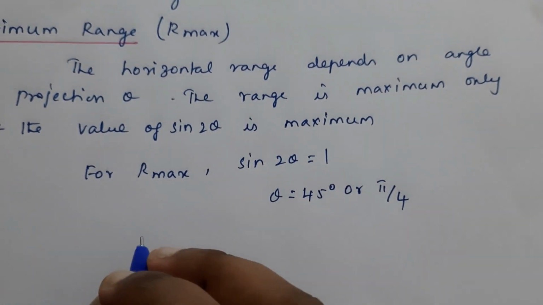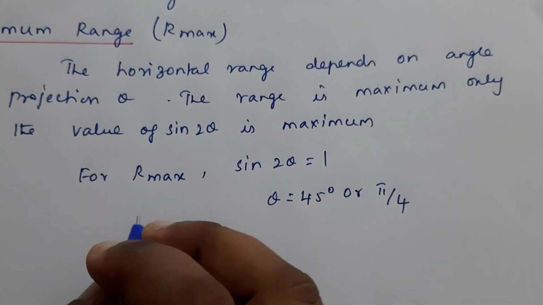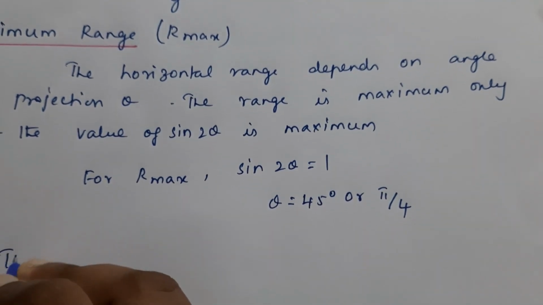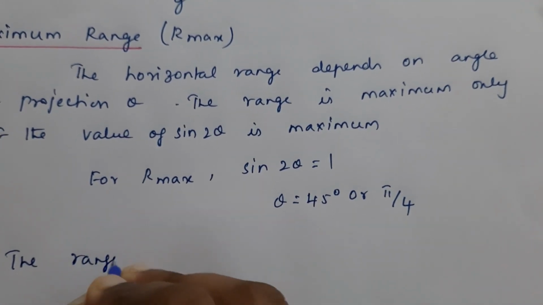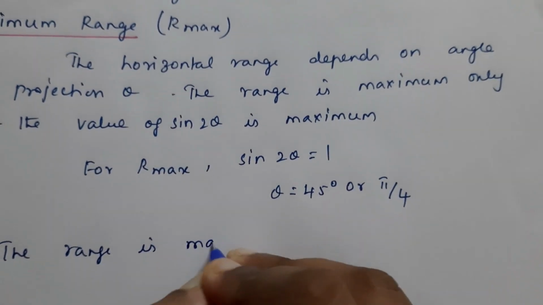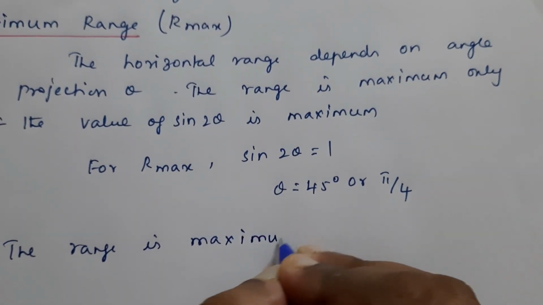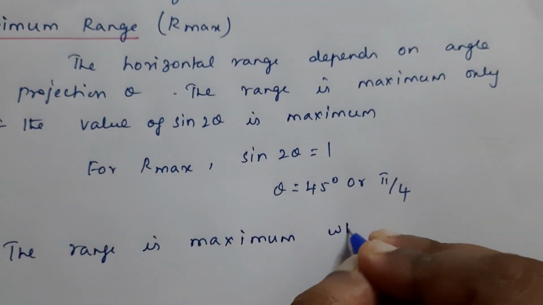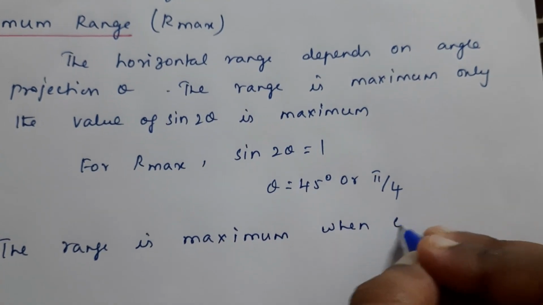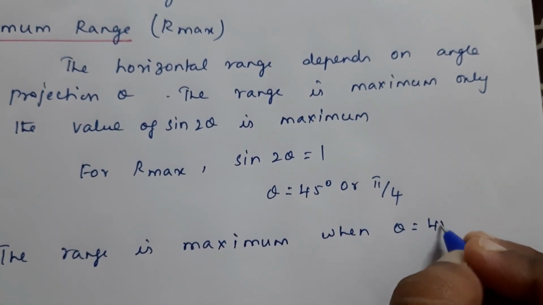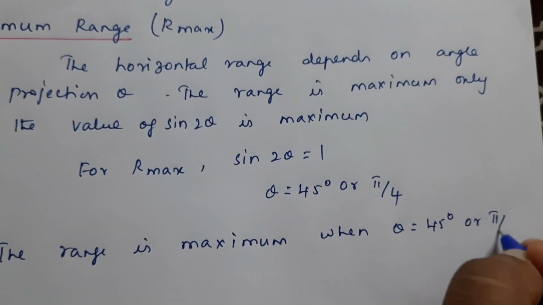So the range is maximum when theta is equal to 45 degrees or pi by 4.